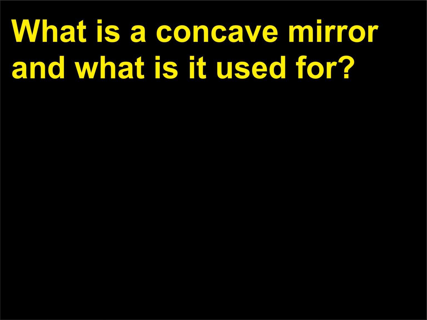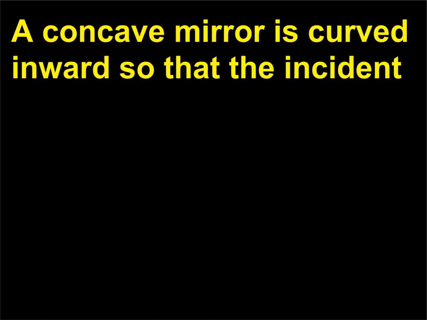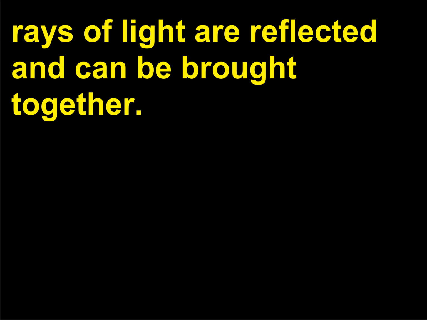What is a concave mirror and what is it used for? A concave mirror is curved inward so that the incident rays of light are reflected and can be brought together.